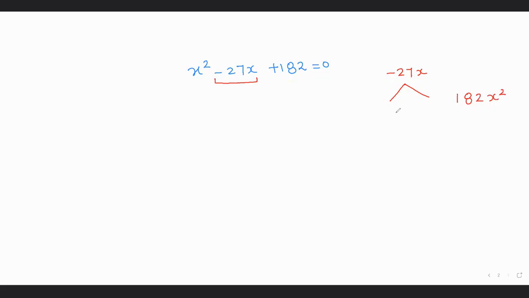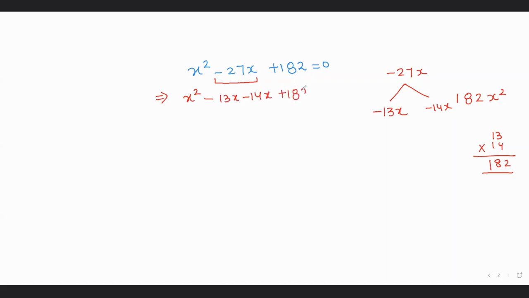Now you see we can take the factors negative 13x and negative 14x, and if you do the product of these two, the answer is 182. So it means if you solve this equation with the help of factorization, we will get this equation.